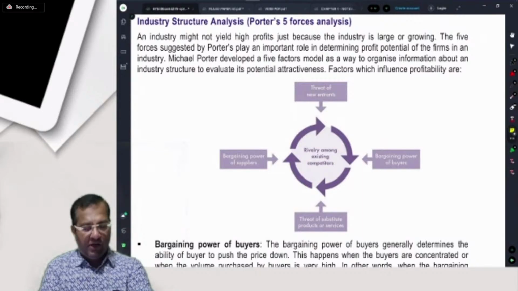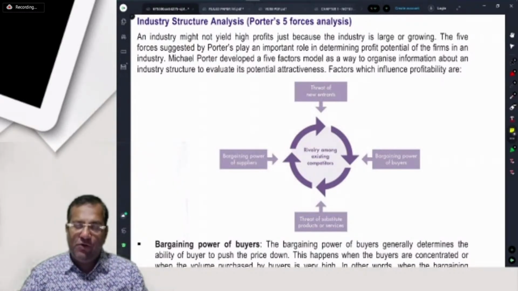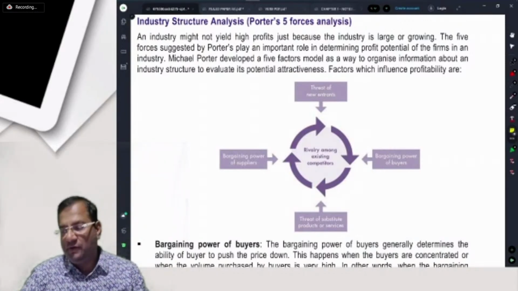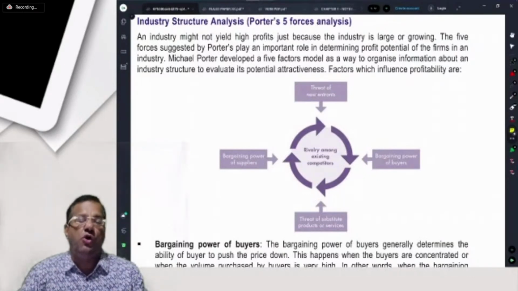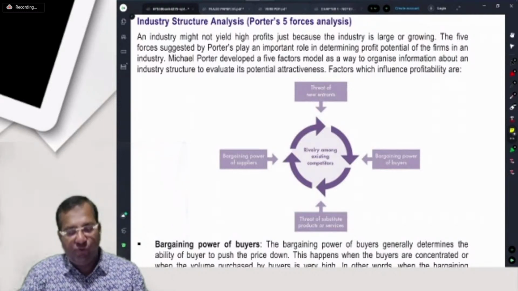When our client asks us whether he should enter a particular industry or not, then our decision will be based on Michael Porter's 5 Forces model.